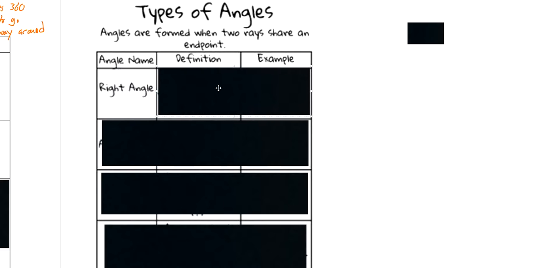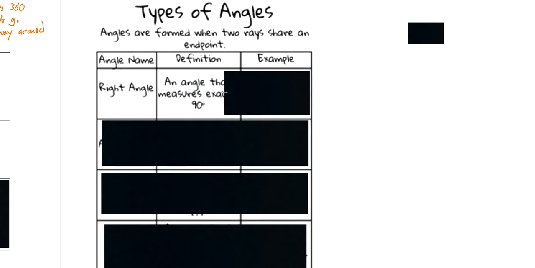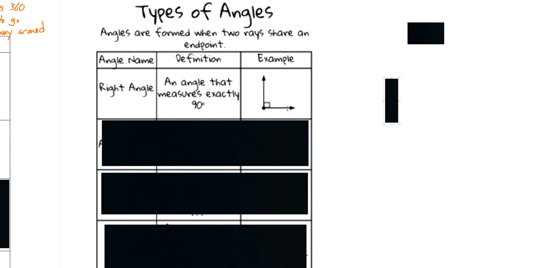First angle we'll talk about is a right angle. So a right angle measures exactly 90 degrees. Whenever we see that, we'll see one ray going straight to the side and one going straight up. Here's a little picture example of what I'm talking about. Again, we see one going straight off to the side and another ray going straight up.